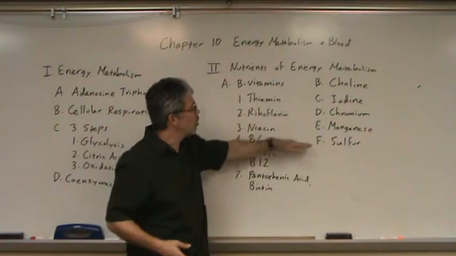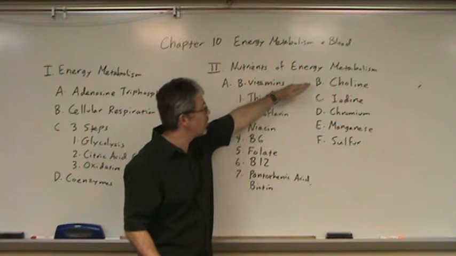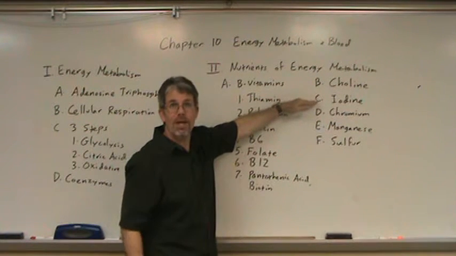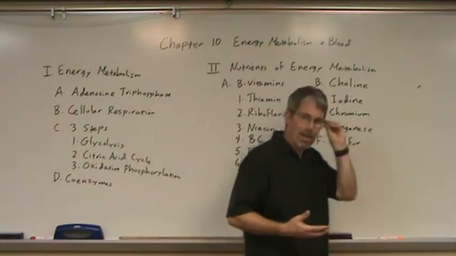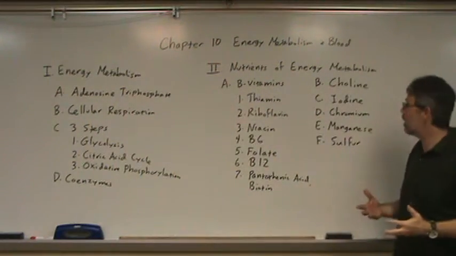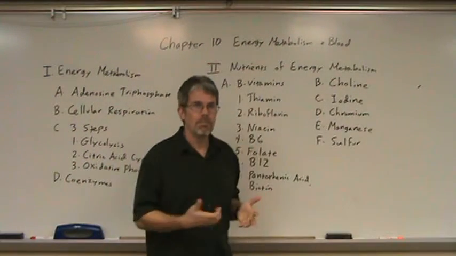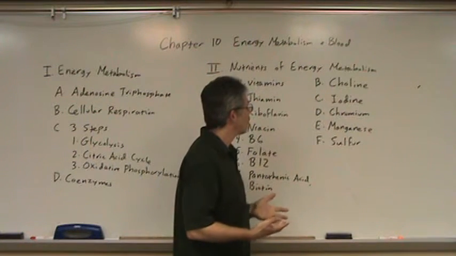Now, other nutrients involved. Choline is a component of acetylcholine. I mentioned a few other things there. It's a rather short section. Iodine is used by the thyroid gland to produce thyroid hormones to regulate metabolic rate, or basal metabolic rate. Iodine is also abundant in seafood and in most crops that are grown in coastal regions.